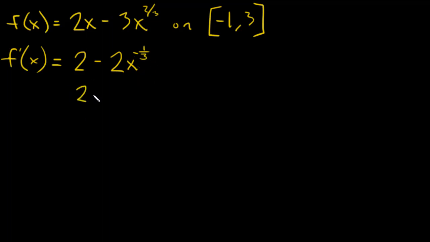That becomes 2 minus 2 over x to the positive 1/3. Would you agree? Because all I did to change it to a positive exponent is I flipped it down. And so now I'm going to rewrite this as 2 minus 2 over the cube root of x.